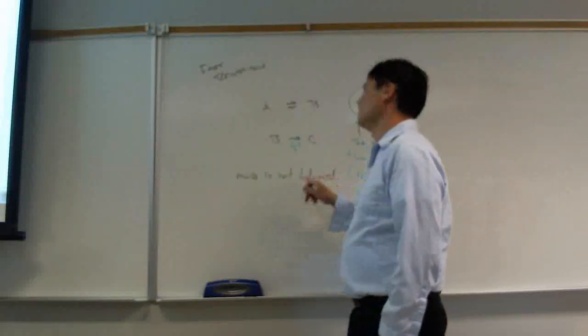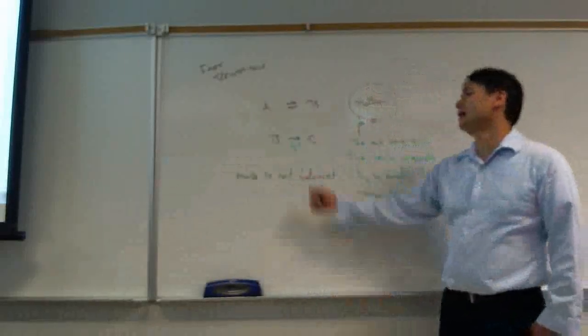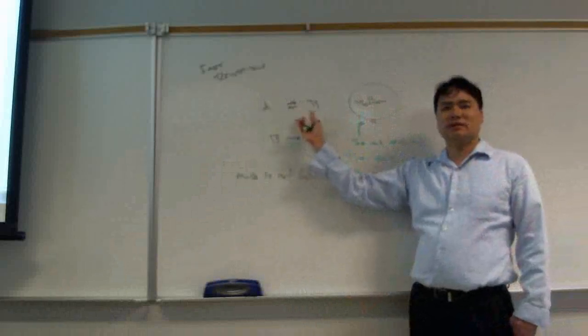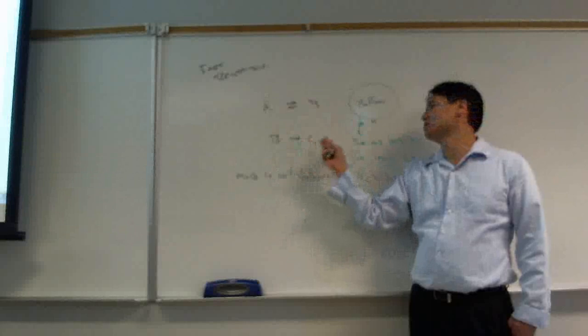Using the fast reversible, what are we saying? We're saying that the rate of the forward is equal to the rate of the reverse. This is an equilibrium, but that's not really true because we're losing some.